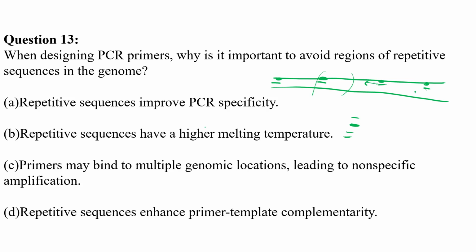So that's why when we design primers, we avoid the regions that have a repetitive sequence. We choose a unique sequence that is only complementary to the gene of interest or the region of interest. If I want to amplify this particular region, I'll choose the primer such that it is complementary to only that portion and not the rest of the genomic DNA, to have minimal non-specific amplification.